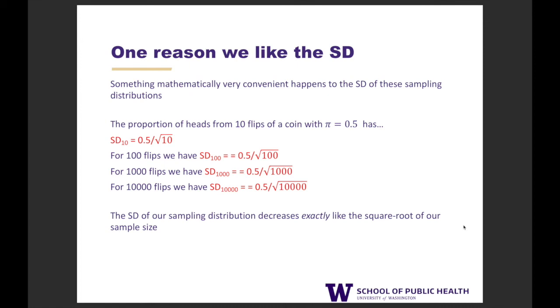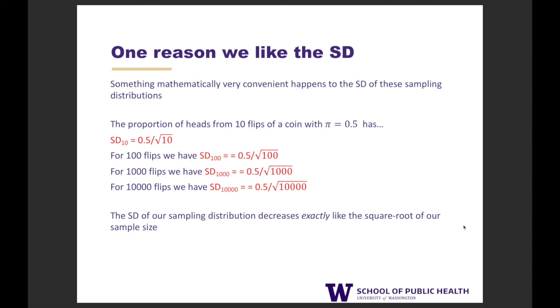So just like we talked about spread of distribution originally, we can do the same thing with sampling distributions. We can think about the spread of a sampling distribution, the standard deviation of a sampling distribution, for example.